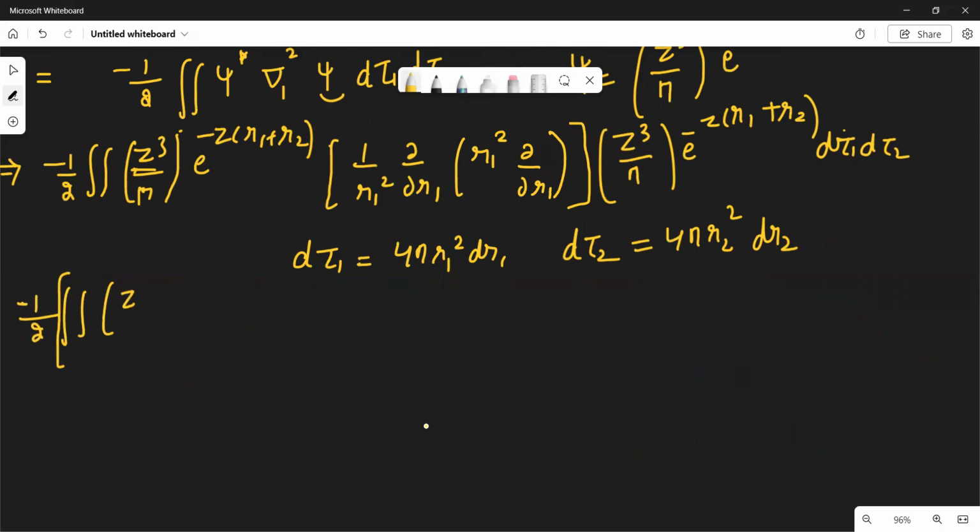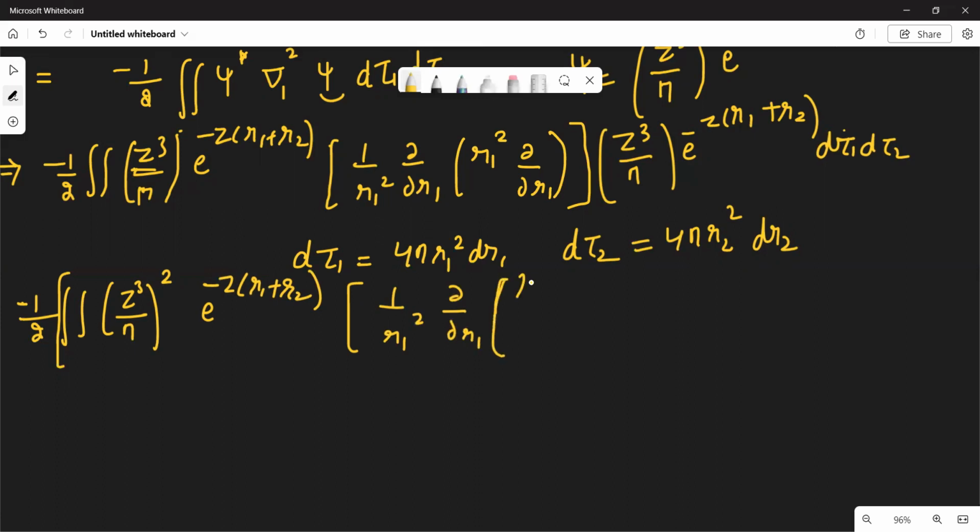Here you can see Z cube by pi appears 2 times, so I will write the square of this expression, and e raised to power minus Z (r1 plus r2), 1 upon r1 square, del by del r1, r1 square, del by del r1, acting on this exponential function.